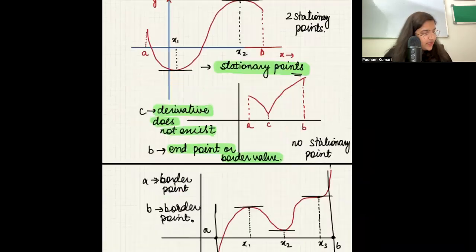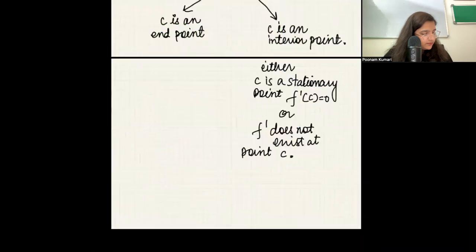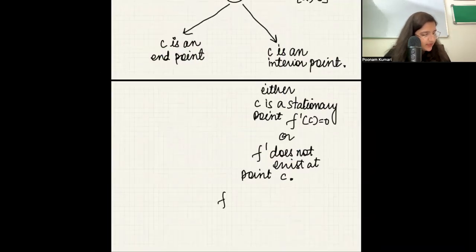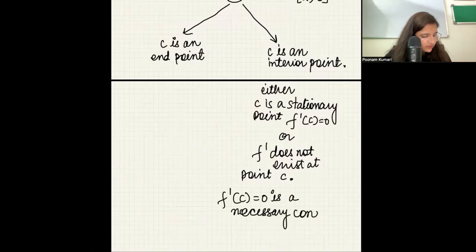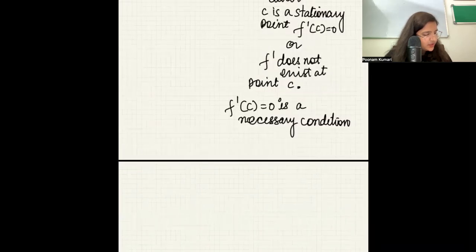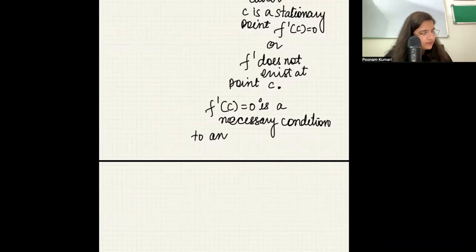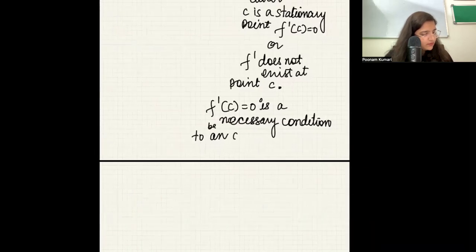So f'(C) being 0 is a necessary condition to be an optima in the interior points.